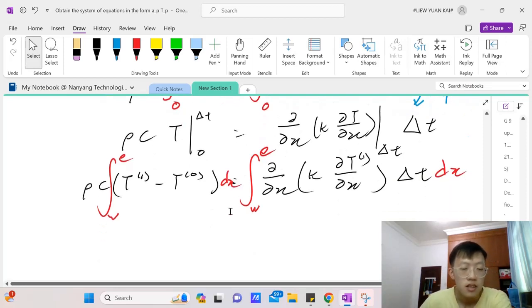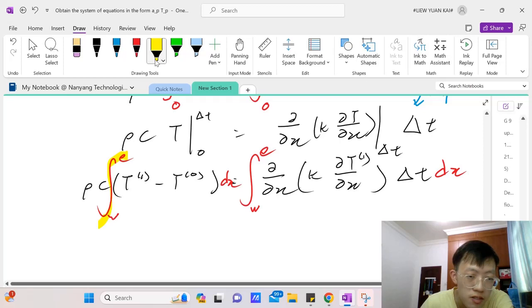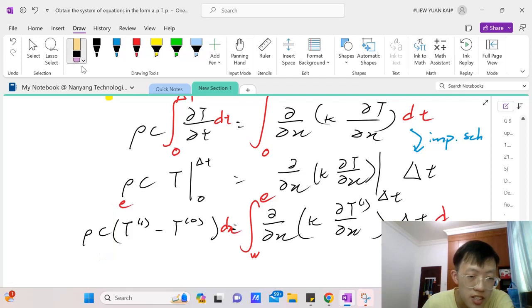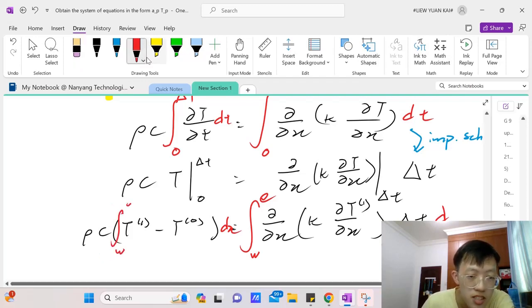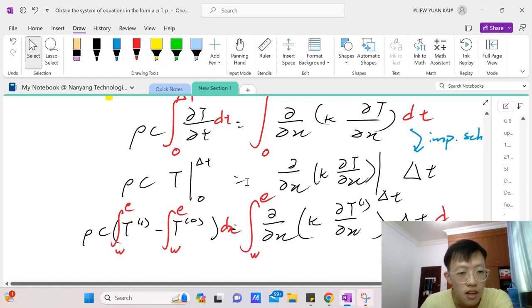So now we have to integrate this side, right? When you integrate this, you can distribute this integral with respect to this term and this term. So instead of writing it like this, I can integrate this term west to east and this term west to east, both with respect to x.